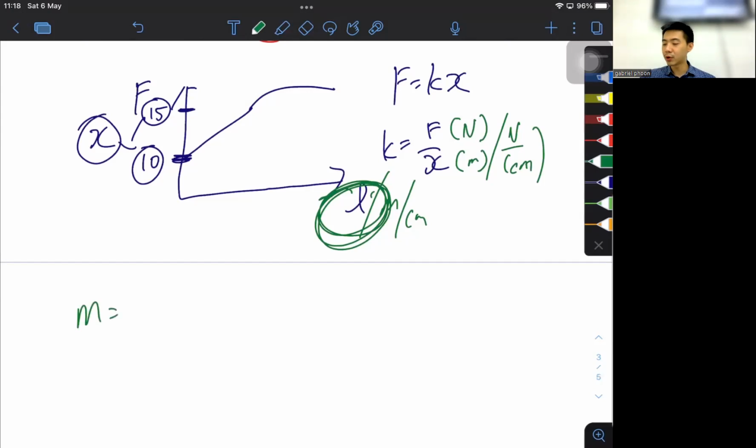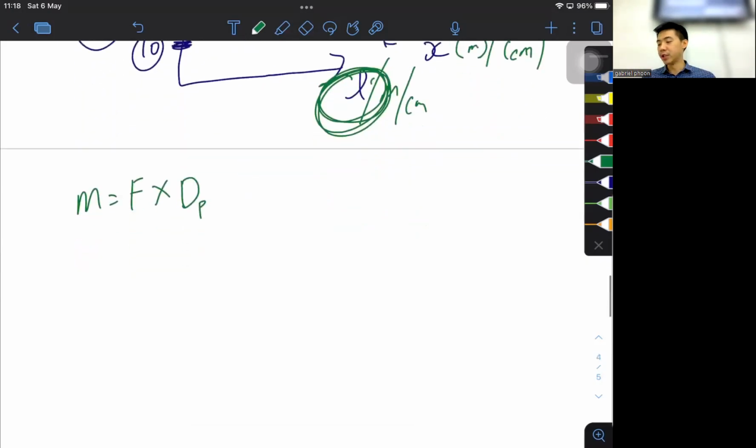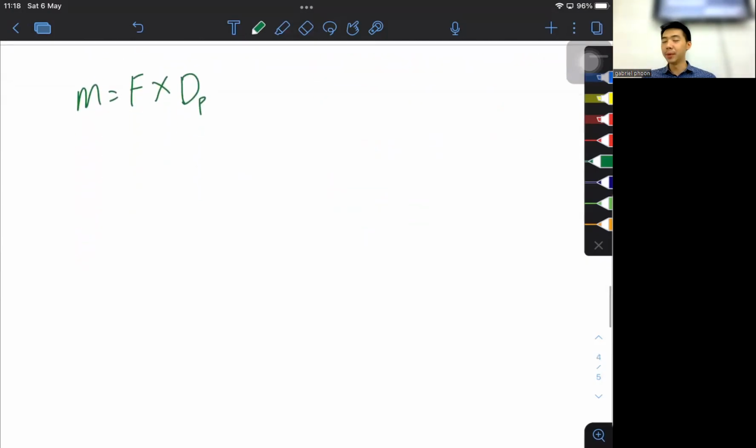Moment is force multiplied by distance to the pivot, right? A lot of students tell me that the pivot will always be in the middle, even though the question gives you something else. Guys, please get that idea out of your head, and understand that the pivot can be literally anywhere.